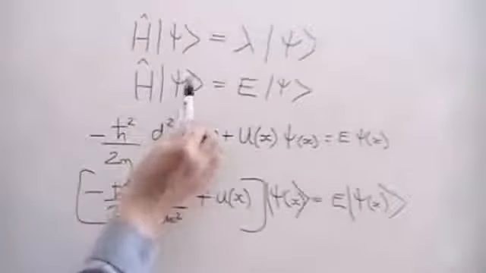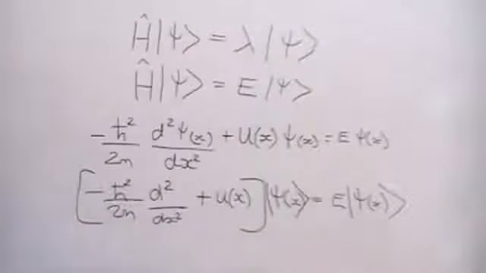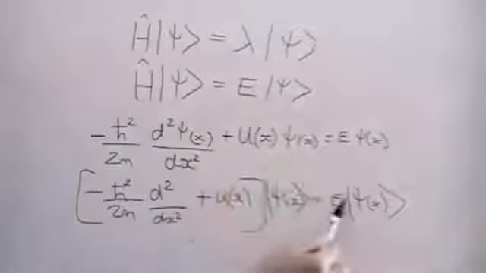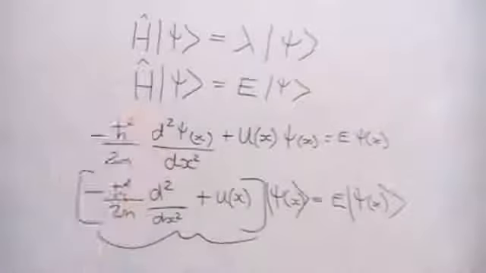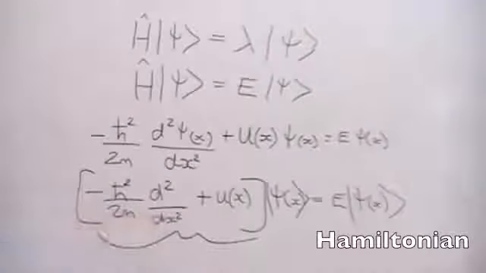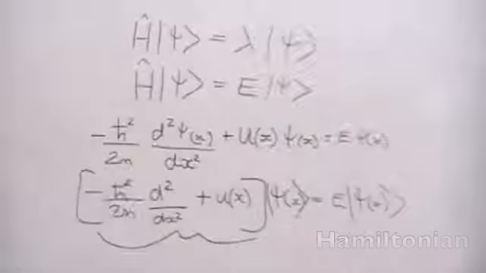So we've got our eigenvectors psi, we've got our eigenvalue E, and this now is our operator H, and that is known as the Hamiltonian. Now we could have got to that Hamiltonian by recognising that that is the operator that gives us energy.